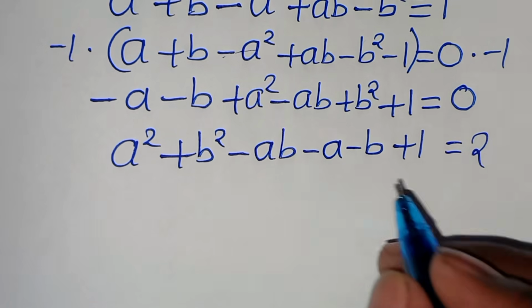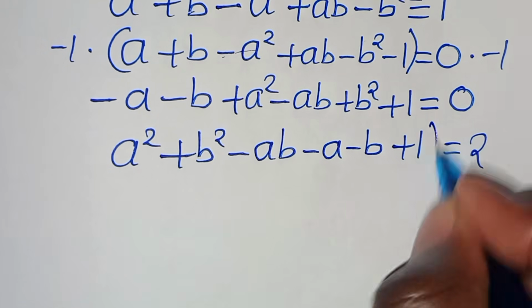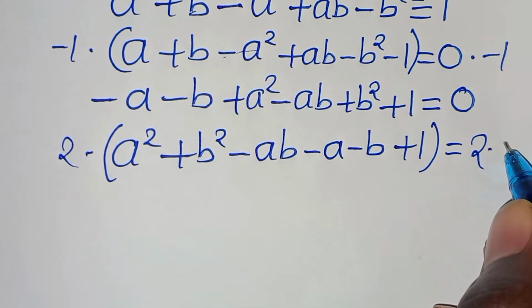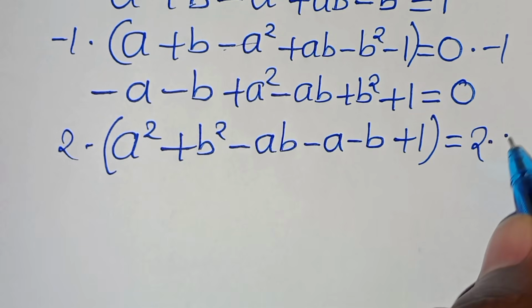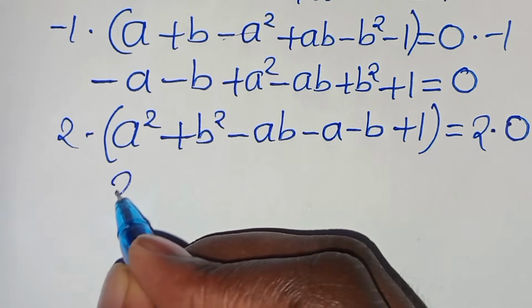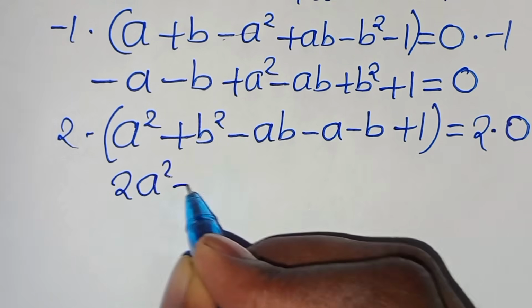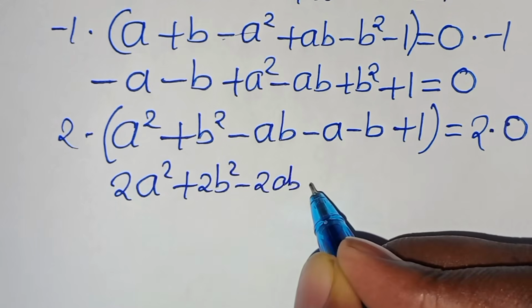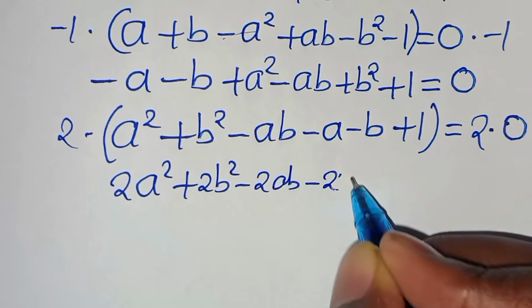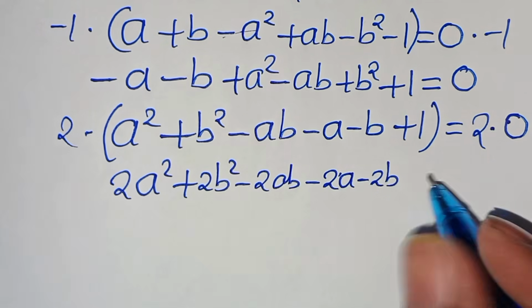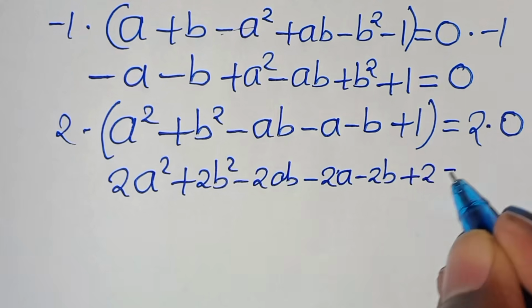Now the next step is to multiply both sides by 2. Let's multiply both sides by 2. So this is 2 times 0, and this means we have 2a squared plus 2b squared minus 2ab minus 2a minus 2b, then 2 times 1, this is plus 2, and this is equal to 0.